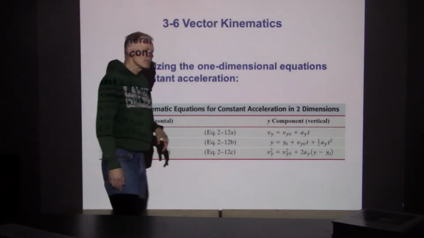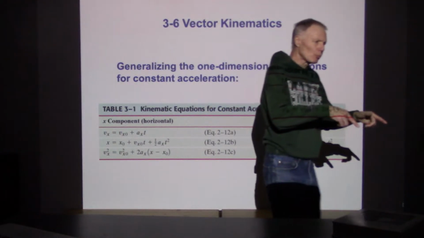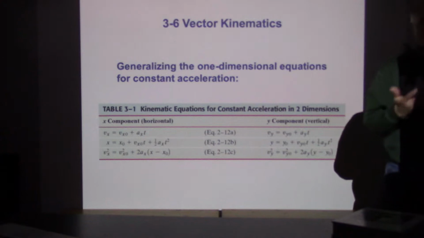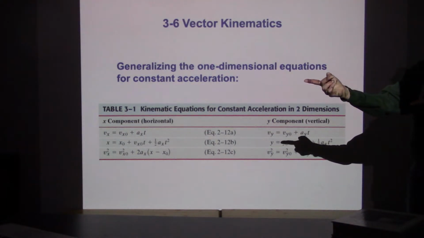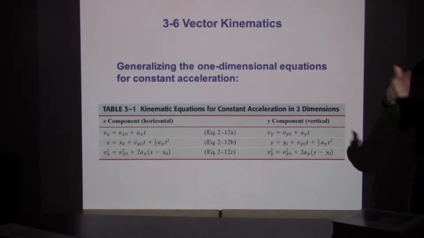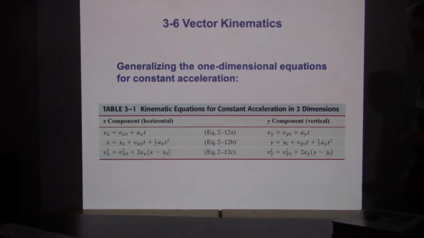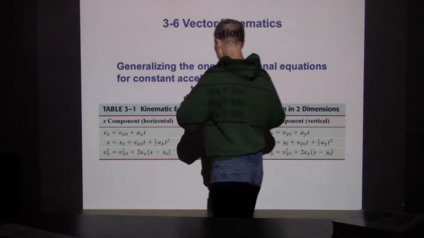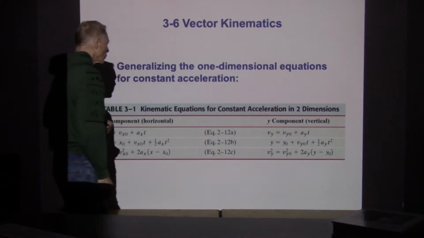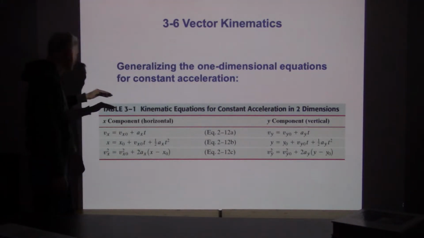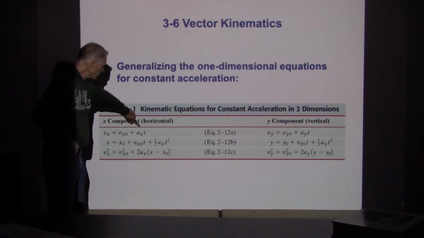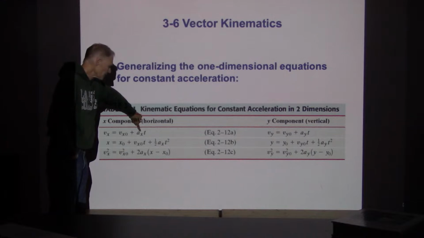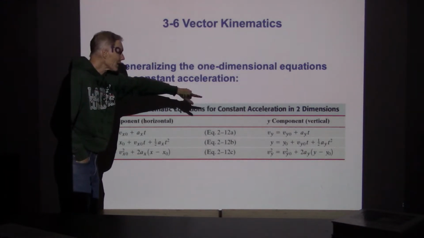So I find out at a certain time where I am in the x direction, and then I can transfer that time over to the other side and find out how fast I'm going in the y. Time is the only way we can switch back and forth. Now remember, this is assuming that the accelerations are constant, so ax is constant and ay is constant.